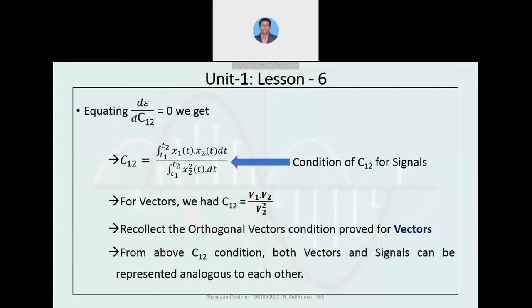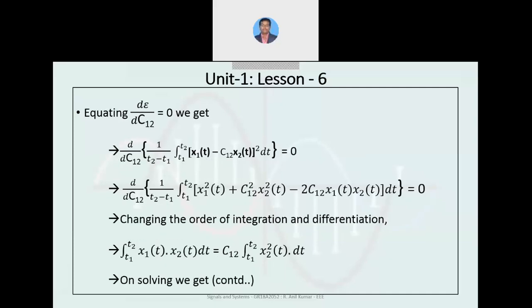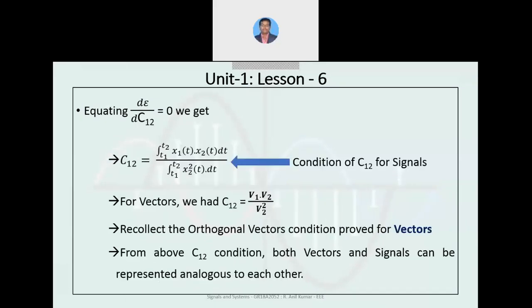So we are getting this expression by keeping C12 on the right hand side as it is, and taking the remaining term to the left hand side. After rewriting that, we get this expression of C12. So this is the condition for signals. For vectors, as we already discussed, it is v1 dot v2 by v2 square.